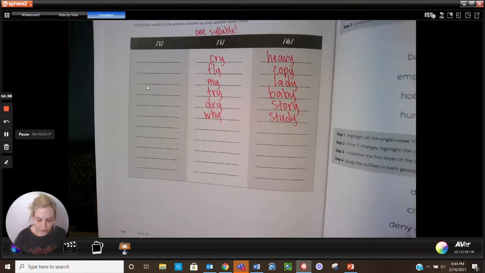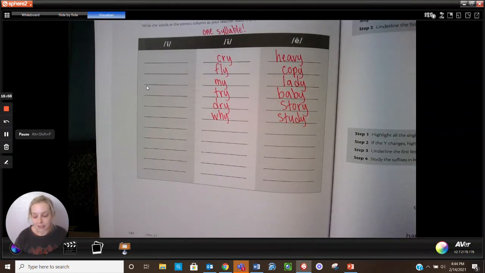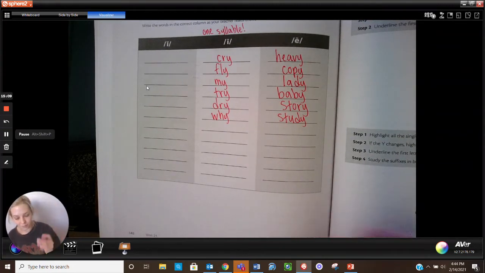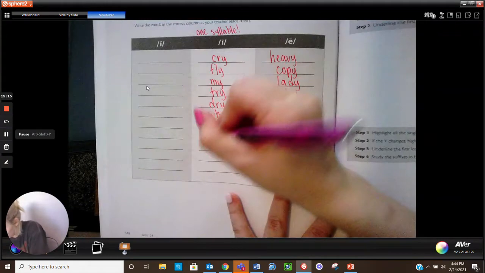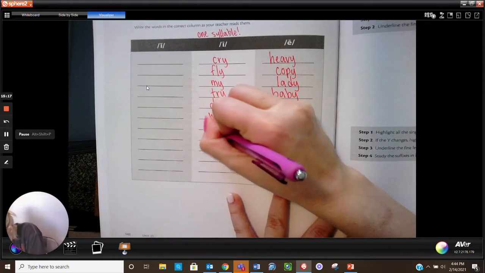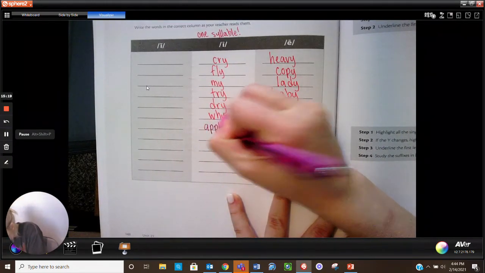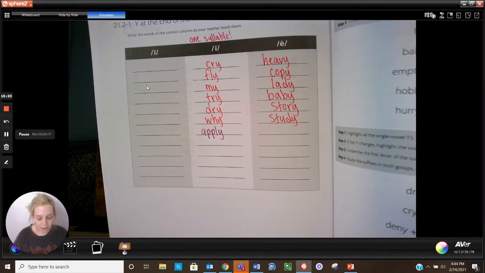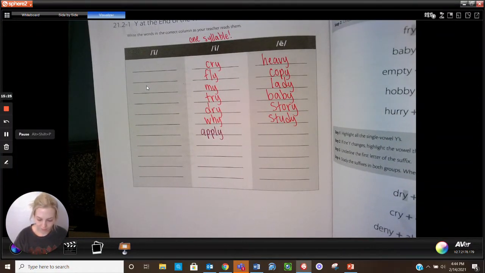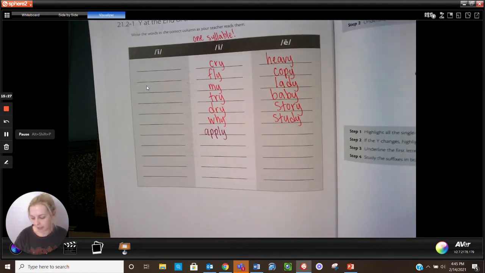So the first word is apply, apply. And I'm going to write them in a different color. Reply, reply.